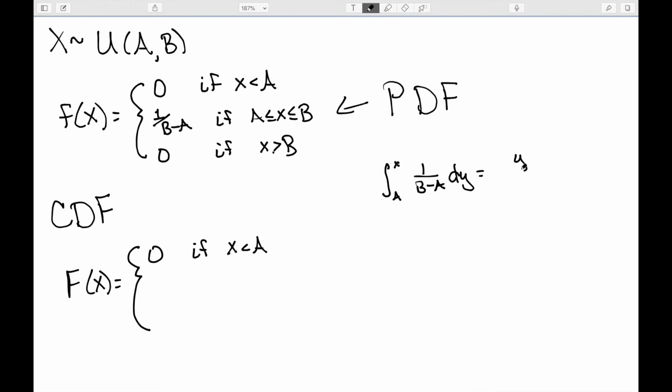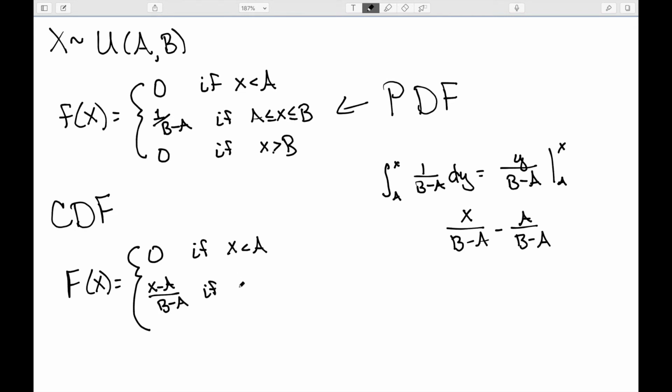Well, this integral is going to be y over b minus a, since b minus a is just a constant, taken between a and x. So x over b minus a minus a over b minus a. So this piece here, x minus a over b minus a, if a is less than or equal to x is less than or equal to b.